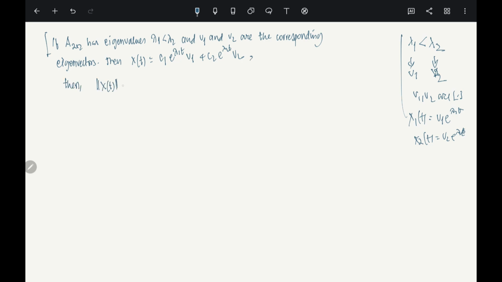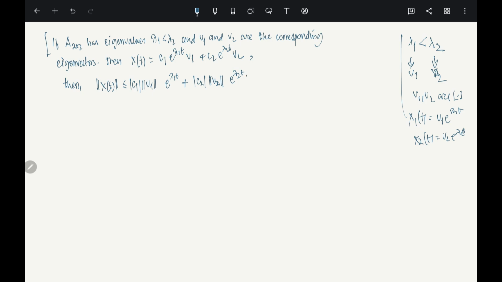The norm of x of t is always dominated by the modulus of c1, some constant, times the norm of v1, which is fixed, not changing, and then e to the power lambda 1 t, a positive real number, plus the modulus of c2 times the norm of v2 times e to the power lambda 2 t.